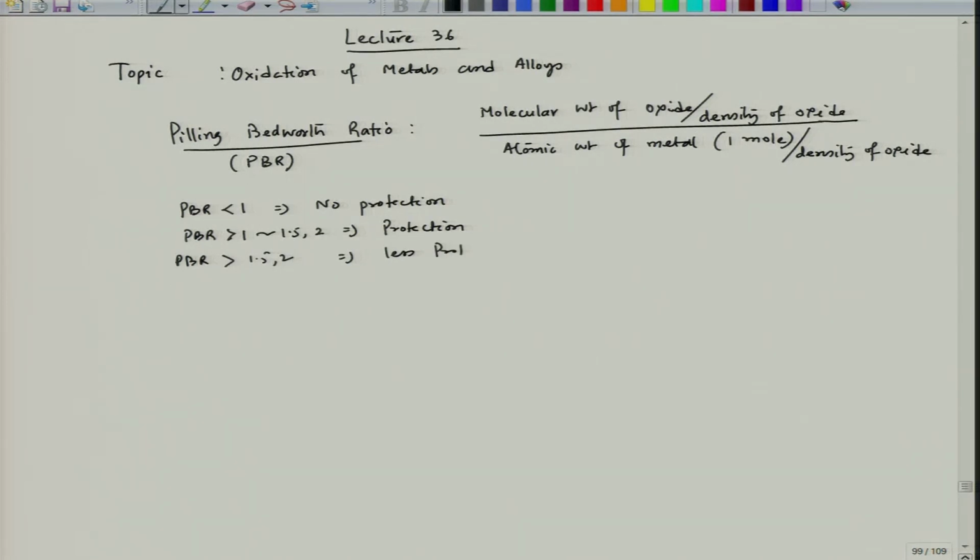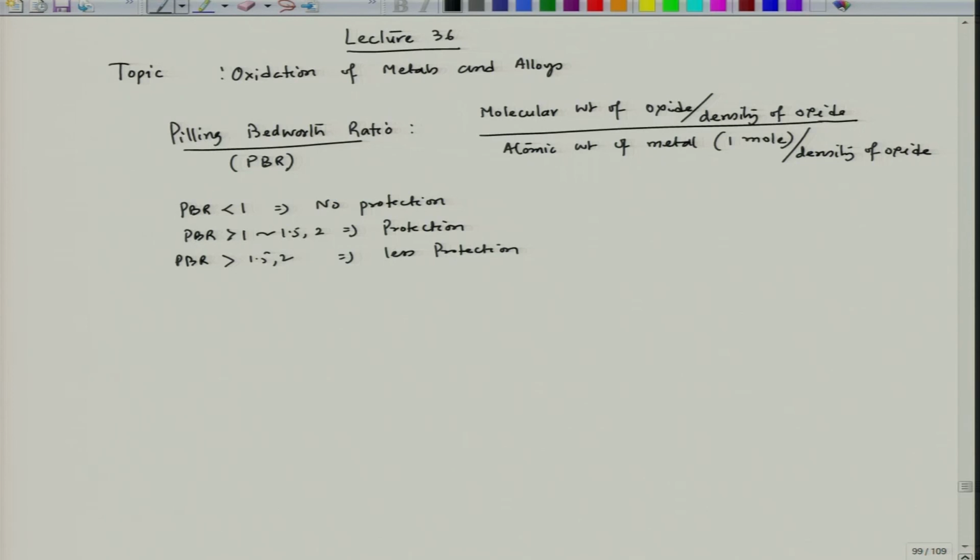In all those 3 cases, if we notice carefully, it only considers the volume of oxide generated because of oxidation of 1 mole of metal. But it does not consider several other very important things. We will see them one by one, along with a few classic examples.